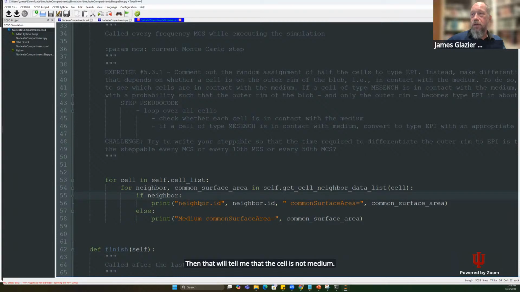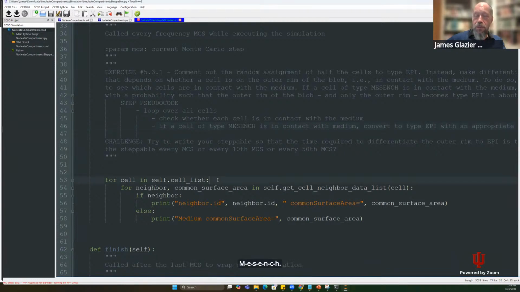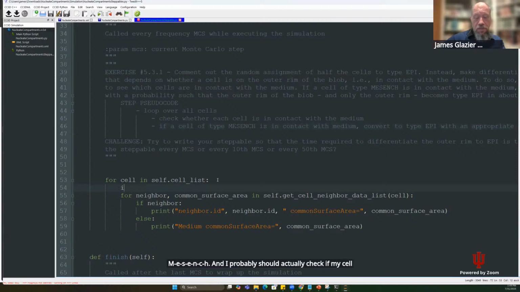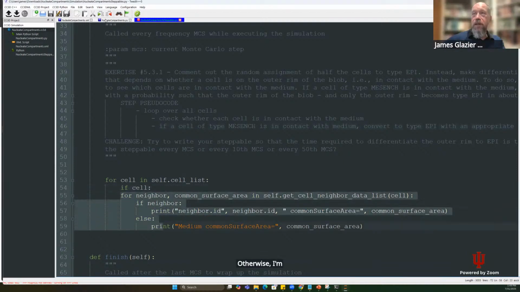So if I want to know if I'm next to medium, then I have to check if my cell is of type MESENCH. And I probably should actually check if my cell exists before I do that too. Otherwise, I'm likely to have something fail.